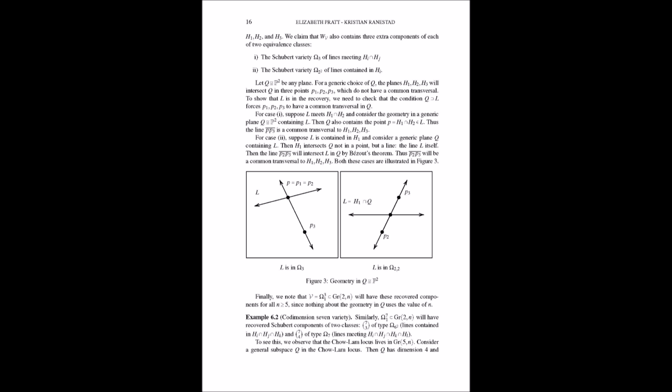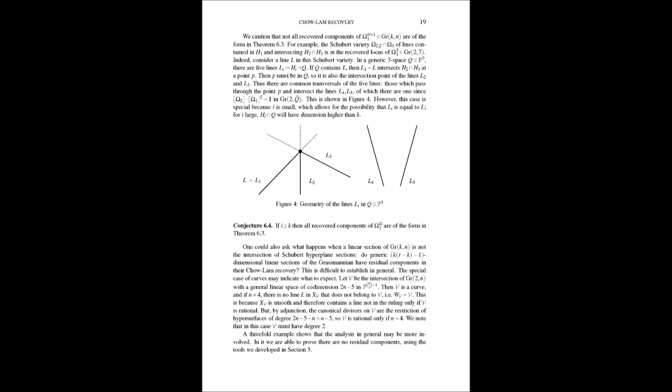Fascinating. And what about corollary 4.3? That one focuses on curves in Gr(2, n), right? Yes, those represent collections of lines in projective space. So what does it tell us about recovery in this case? It gives us a very specific condition for when a line belongs to the recovered variety of a curve. Okay, what's the condition? It states that for curves in Gr(2, n) that generate what we call non-conical surfaces.